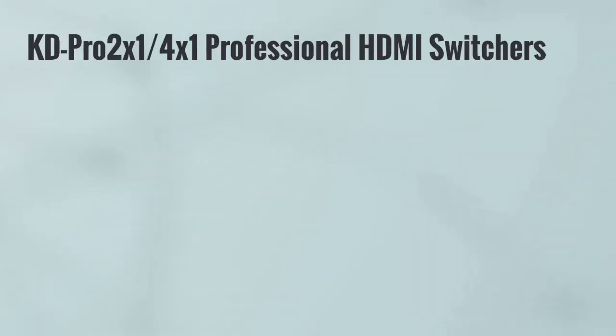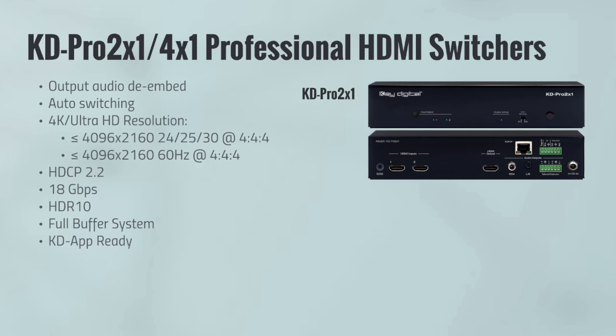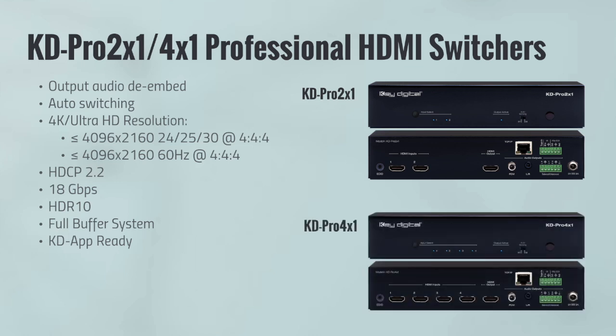So let's go ahead and begin looking at the KD-Pro 2x1 and KD-Pro 4x1 professional HDMI switchers. They're a half rack width product that include a half rack blank ear for mounting in a rack.